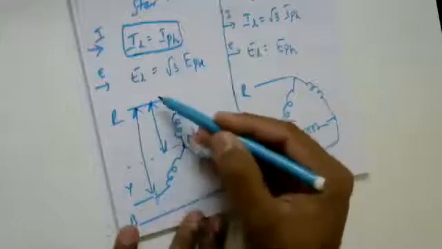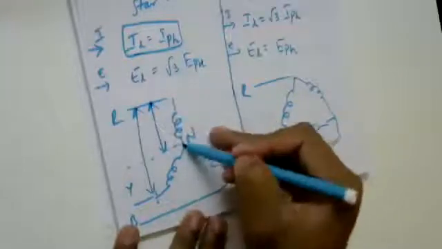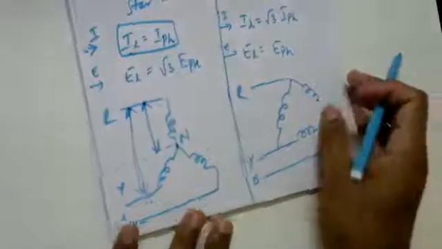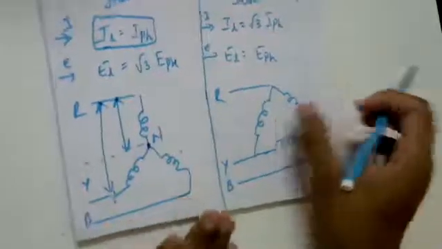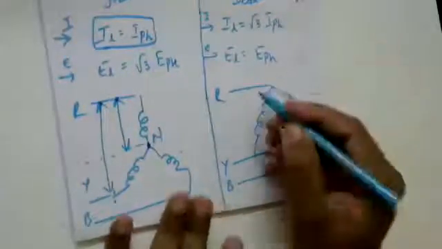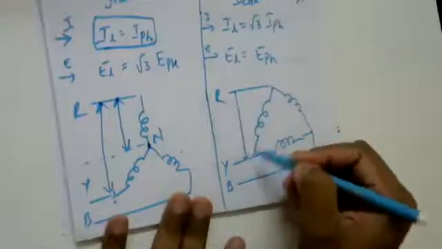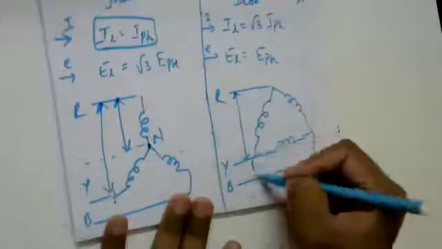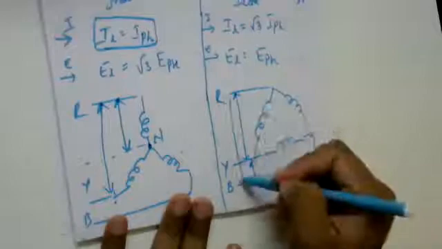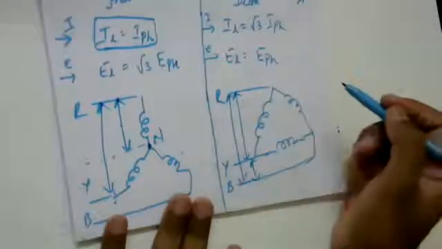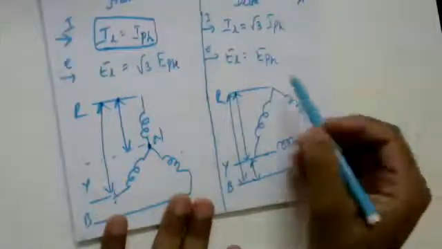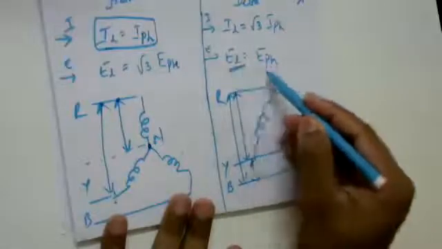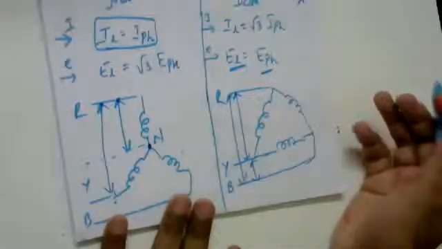Anywhere you go, this voltage will remain the same. So therefore, your line voltage will be equal to your phase voltage.